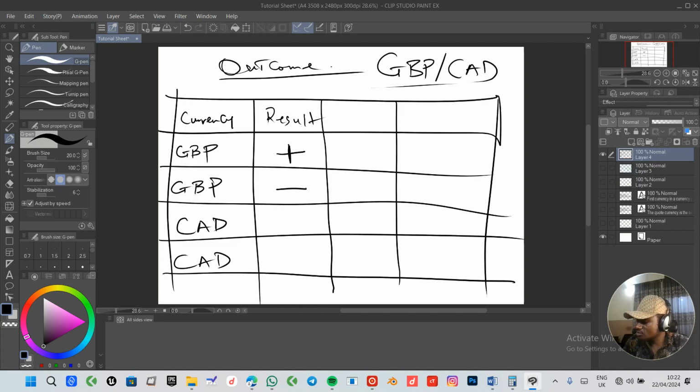Either GBP is strong or weak after the news release. Then here, CAD positive again or negative. So you see that we have 4 probabilities, which is either GBP will be positive or negative, or CAD will be positive or negative. So here is going to be action.